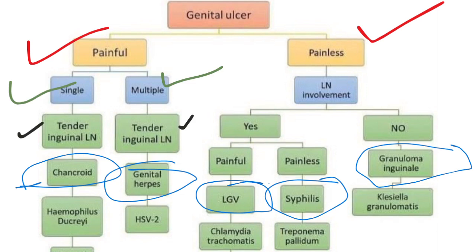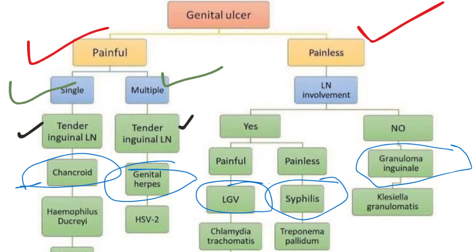Single genital ulcer which is painful with tender inguinal lymph node is caused by Haemophilus ducreyi and results in chancroid. But if there are multiple genital ulcers which are painful with tender inguinal lymph nodes, then this is most probably herpes simplex virus causing genital herpes.